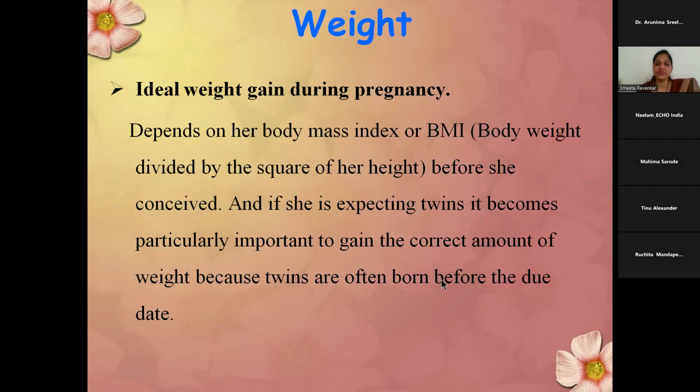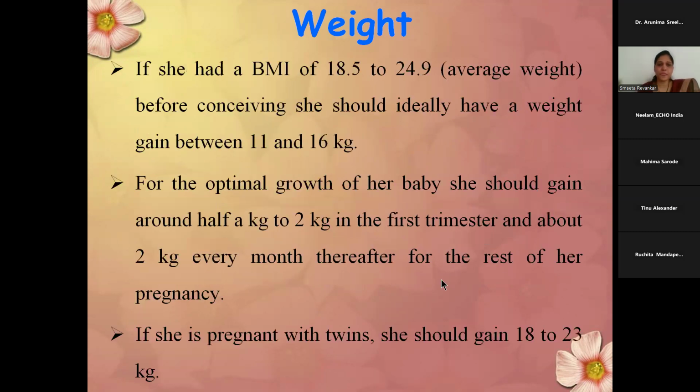So her weight should be gained in a correct amount. If her BMI is 18.5 to 24.9, that is an average BMI or average weight, she should ideally have a weight gain between 11 and 16 kgs after conceiving.